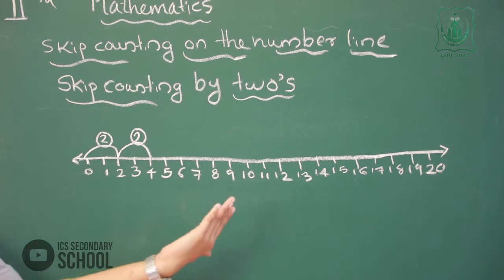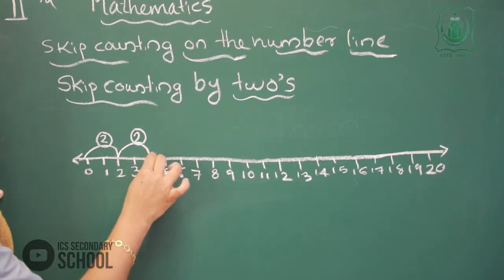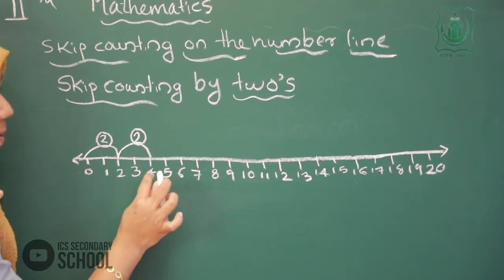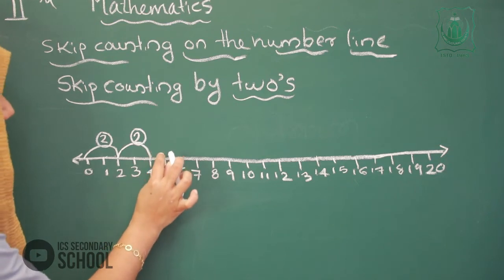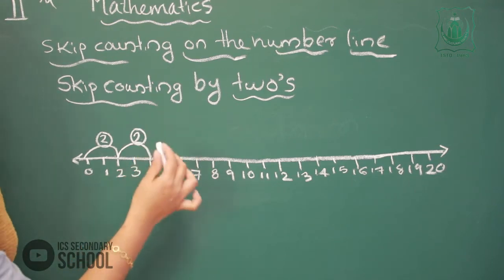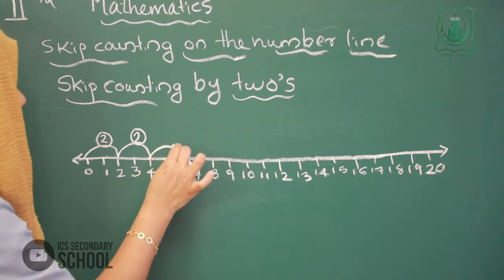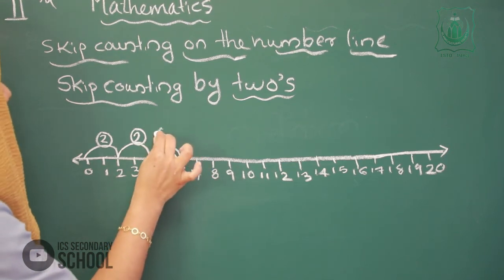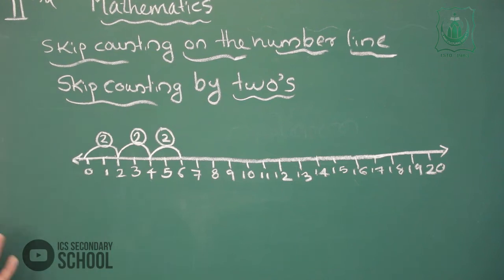In this way, we count again 2 from 4. 1, 2. We reached which number? Yes, we reached 6. Is it clear?